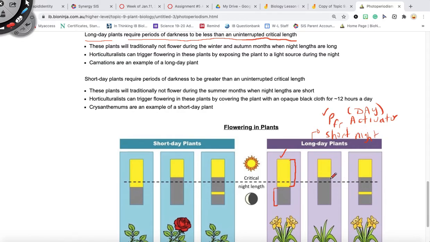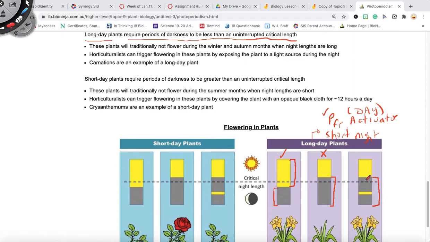If the night length exceeds that critical night length, then you're not going to stimulate enough PFR for this plant to bloom. So the plant is not going to bloom. But what can you do to these long day plants when there's a lot of darkness?